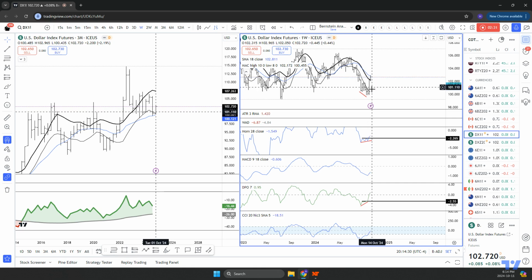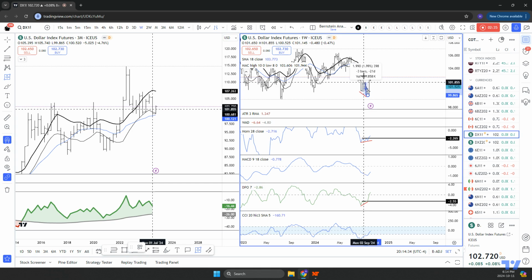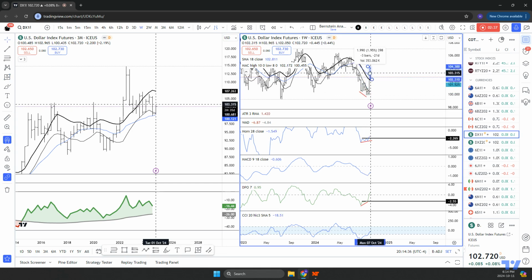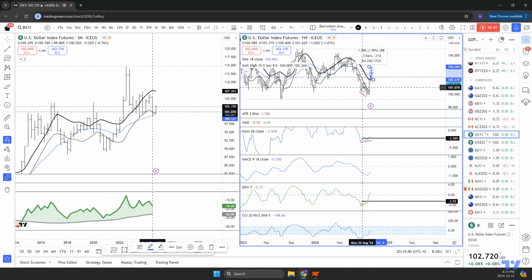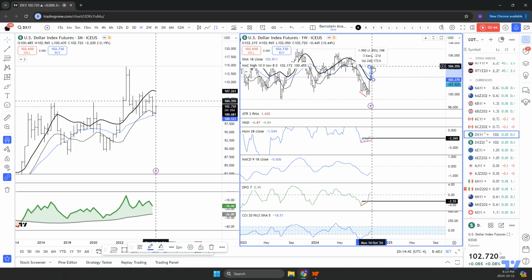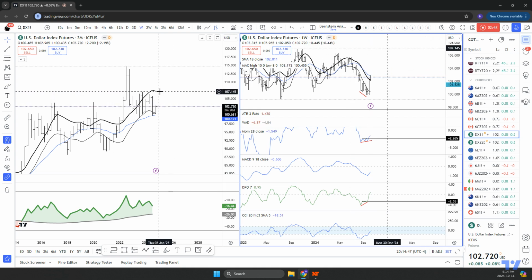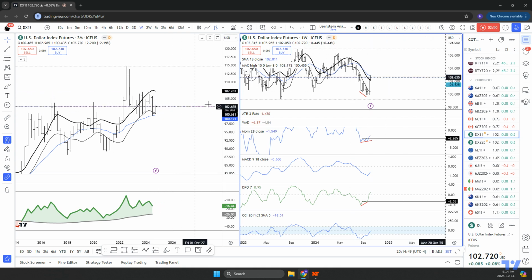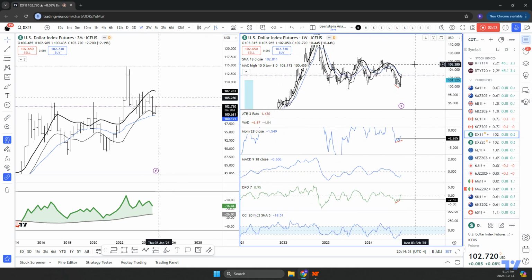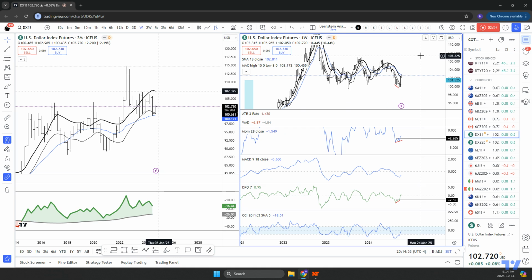So what does that imply? That implies a few things. First of all, we have the divergence targets themselves, which are basically half of the range that was formed during the divergence on the entry time frame and then the full range. So those are the basic divergence targets, but a bigger target would imply a move up to 107.263, okay, which is right up here.